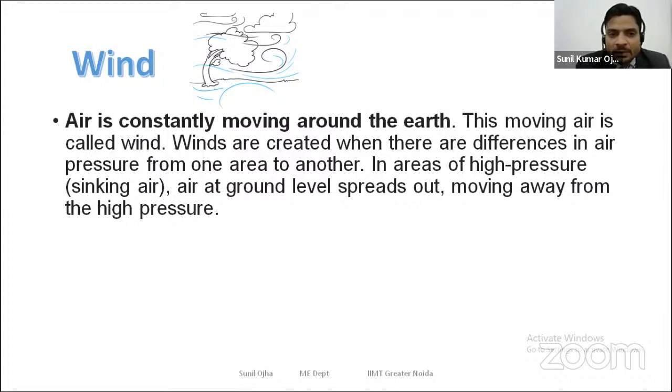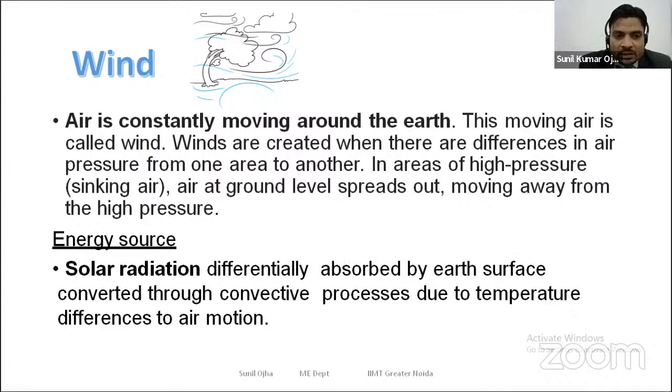In areas of high pressure, sinking air at the ground level spreads out and moves away from the high pressure. So, due to the pressure difference, air particles move from high pressure to low pressure, and that flow of air takes place. The energy source that creates this pressure difference is solar radiation.